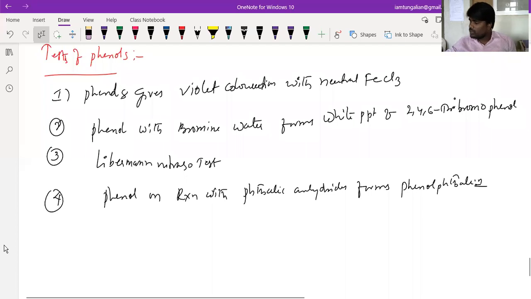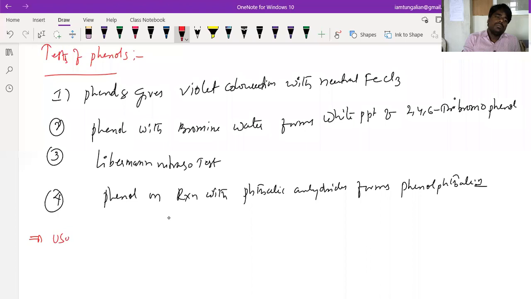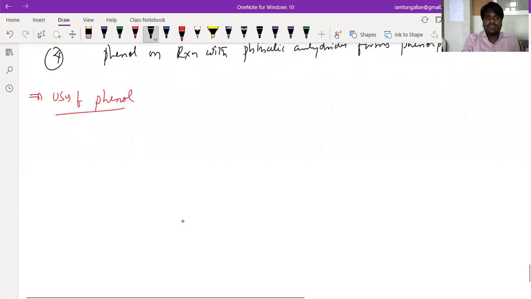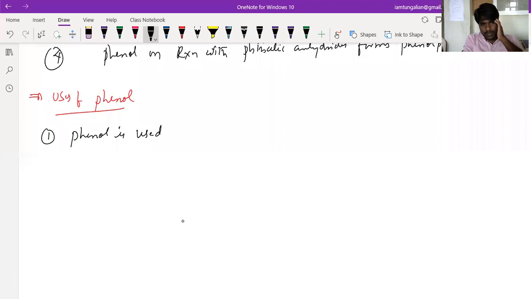And if you are talking about the uses of phenol, beta, phenol has several uses, beta. One of the uses is that phenol is used as an antiseptic agent.